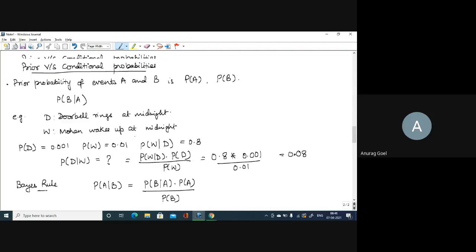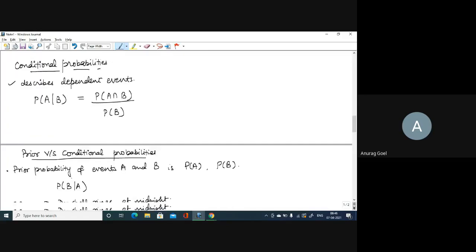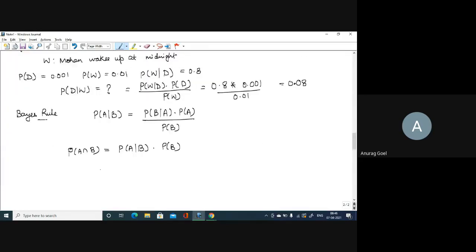So if you recall, from this formula, P of A intersection B would be equal to P of A given B into PB. Okay, and similarly, P of A given B would also be equal to P of B given A into PA.